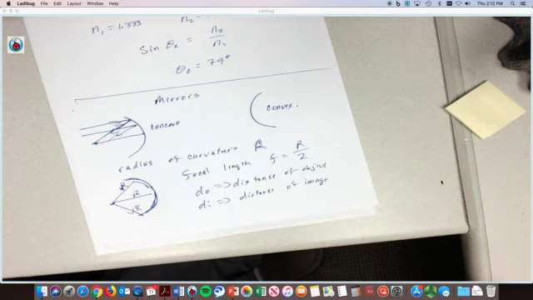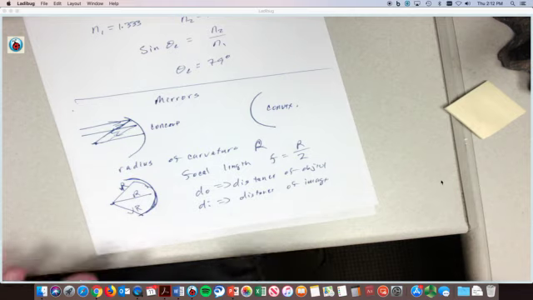The distance of the image sometimes is negative for mirrors and for lenses. All right. Distance of the object will always be positive for our purposes. Sometimes it will be negative, especially if you're doing double lens things, like figuring out the equations for telescopes, microscopes, those kinds of things. All right?